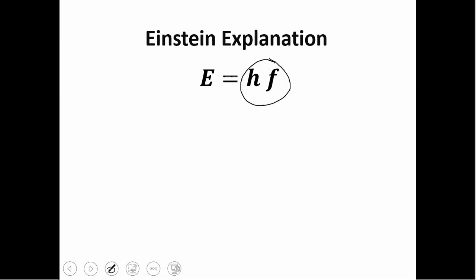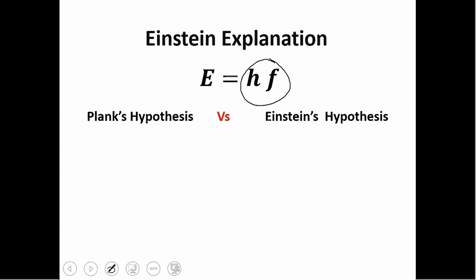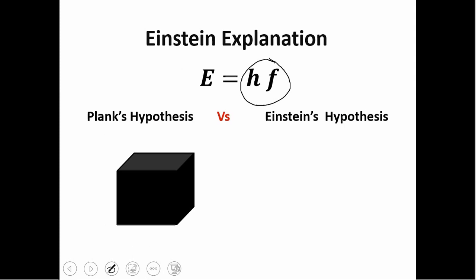But this was given even before Einstein by Planck, so why was Planck not able to explain the photoelectric effect? The reason is the following. We compare both scientists and their hypotheses. Planck said that in black body radiation, the electromagnetic radiation which falls upon the black body is actually continuous and not discrete or quantized.